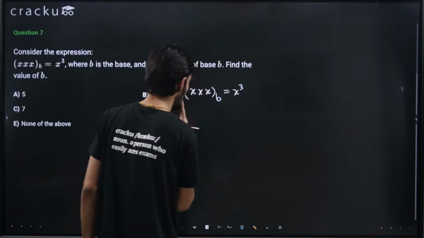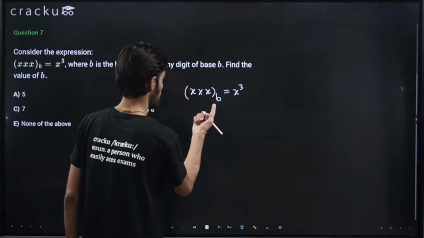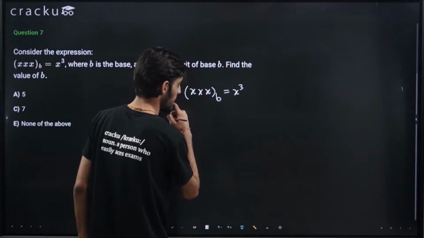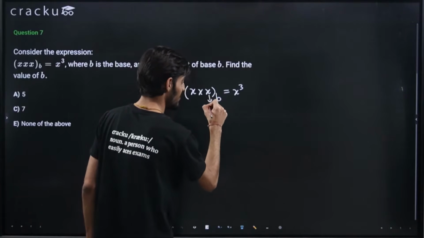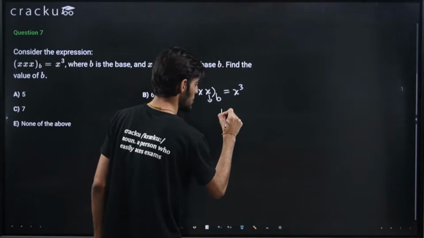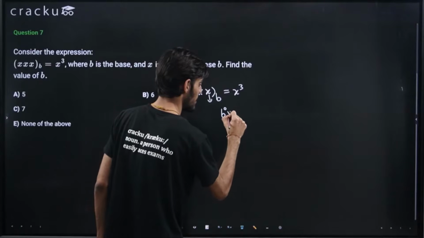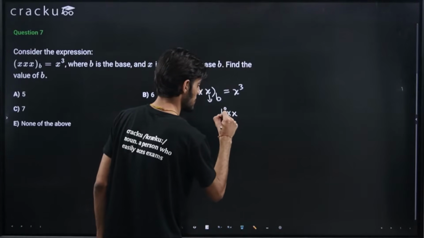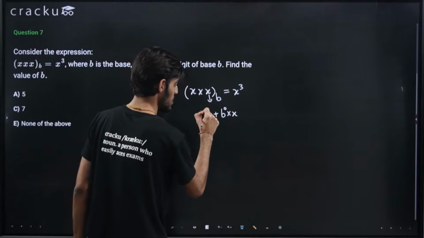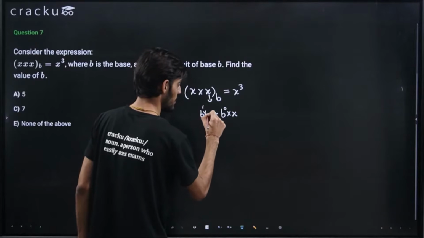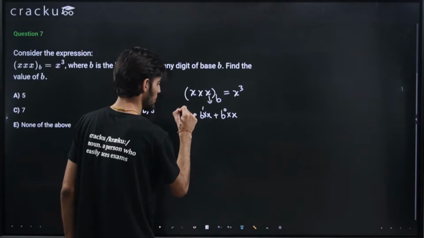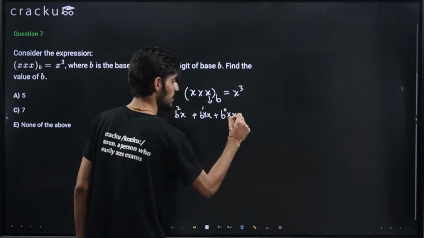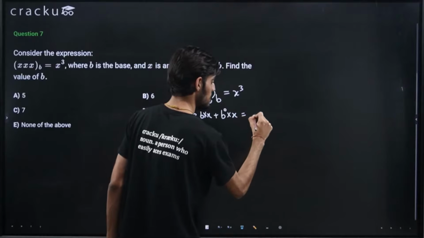So what I can do here is, because I know the base is b, how will I represent this number? This is b raised to power 0 multiplied by x, plus b raised to the power 1 multiplied by x, plus b raised to power 2 multiplied by x, that is equal to x cube.